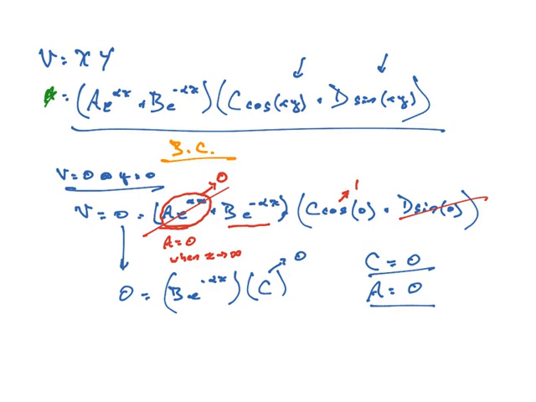In this case, for instance, the bottom sheet has potential equal to 0 for all values of x and z when y is equal to 0. So we set y equal to 0, set the potential equal to 0, and then we see what naturally goes away. Those are good terms. The terms that don't naturally go away, we have to force them to go away. And the way we force them is by setting their coefficients to 0.